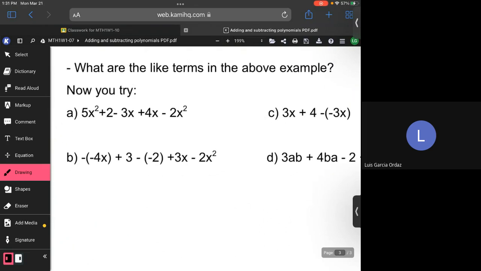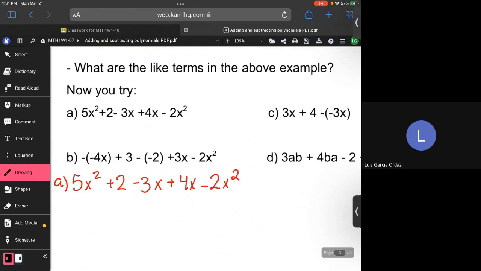So I have 5x squared, plus 2 minus 3x, plus 4x minus 2x squared. Yes, Kareem. Is this how you simplify all the equations, generally all of them? So remember I told you guys when we're writing polynomial expressions, do I want highest exponent to lowest or lowest to highest?